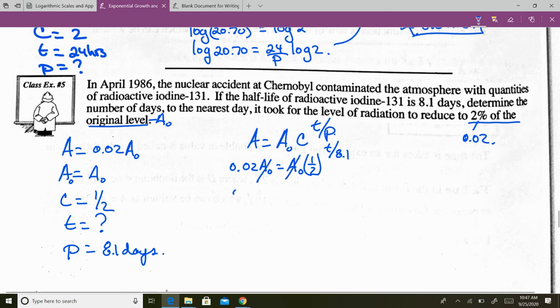So now I'm left with T over 8.1. We have an unknown that's in the exponent. So what do you have to do to knock down the exponent? Log. Doesn't matter what log you use. I'm going to use natural log this time just because I like writing the ln. You can use log. And the T over 8.1 will fall down.